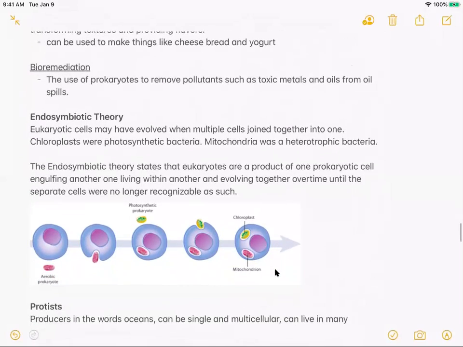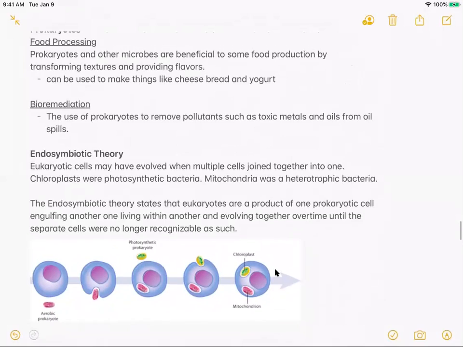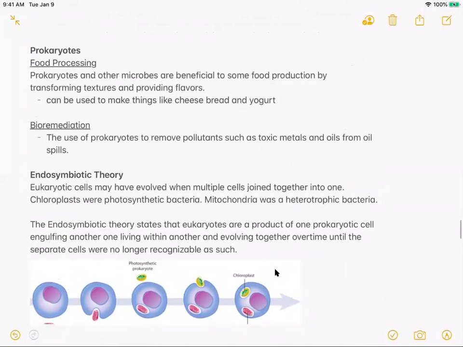All right, and then going into bioremediation, this is still talking about prokaryotes. Prokaryotes can be used to remove pollutants such as toxic metals and oils from oil spills. This is actually one method that they have been using to clean up these big oil spills or clean up runoff from factories that have leaked things like toxic metals.